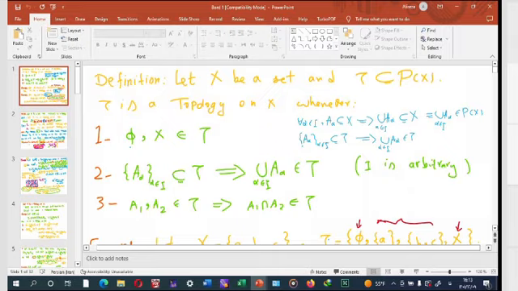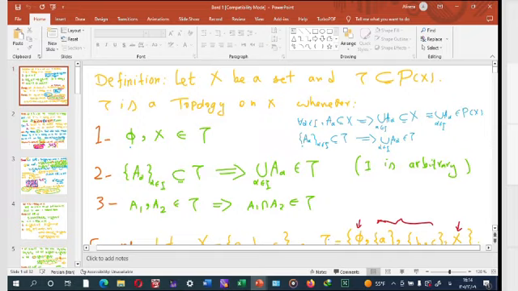Or equivalently, if for any alpha, A alpha is a subset of X, then the union of the A alpha is a subset of X, or equivalently this union is an element in P of X. These two are equivalent, because P of X is the set of all subsets of X. So this is condition 2.